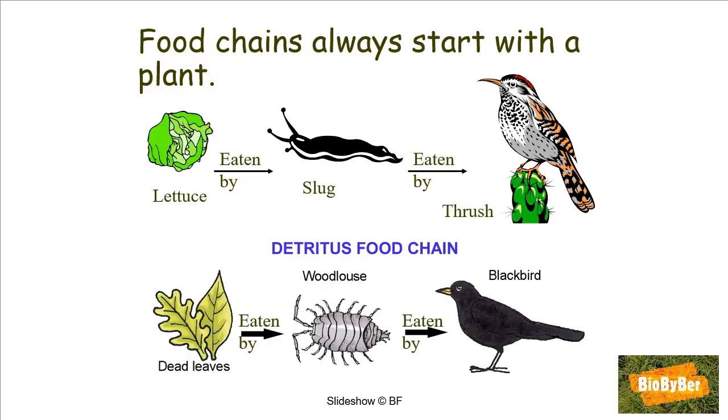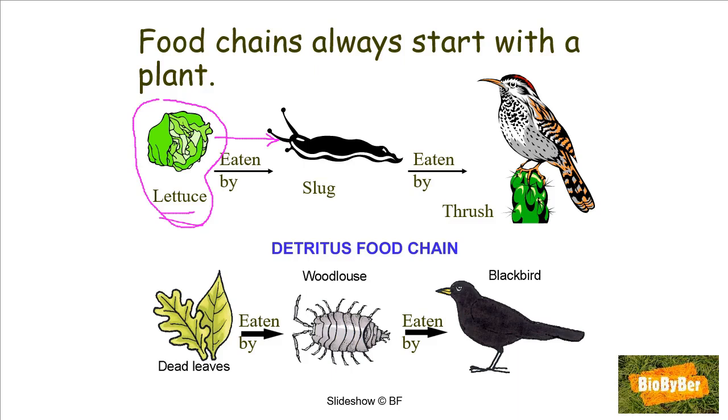As we said, food chains always begin with a plant or a producer. When you are constructing a food chain, always try to make sure that you name the plant. Here we have the lettuce getting eaten by the slug. If we want to keep life easy, we can always start with something simple like a buttercup or a daisy.